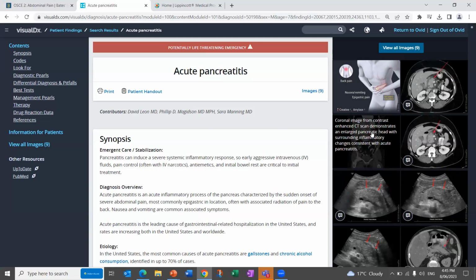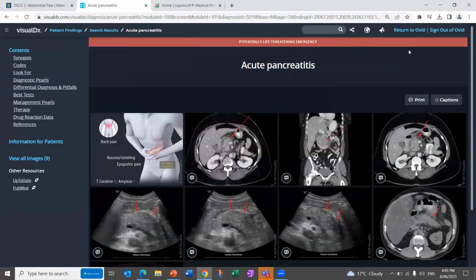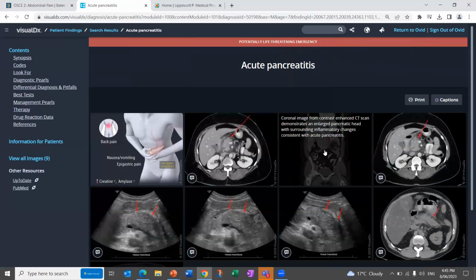And so perhaps, since this is a potentially life-threatening emergency, if this was in a hospital situation, we might direct the patient to some sort of scan, and we have the ability then to compare this information with the images that we see here as a part of this display.